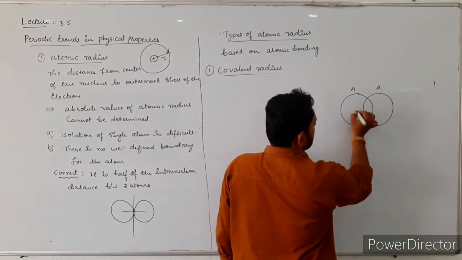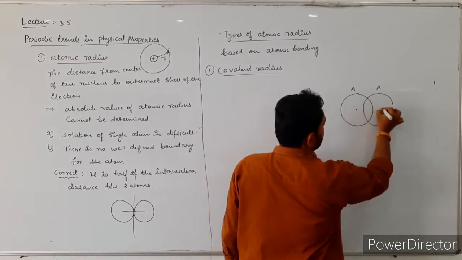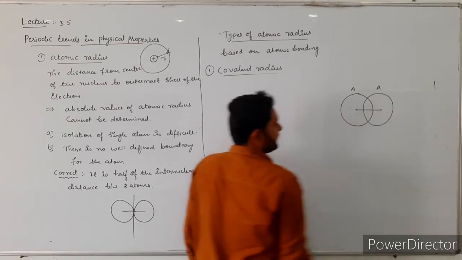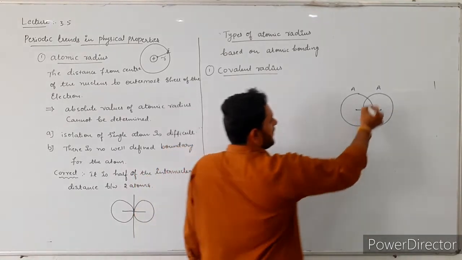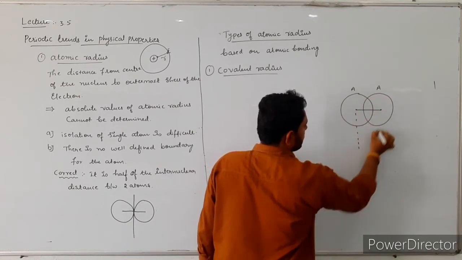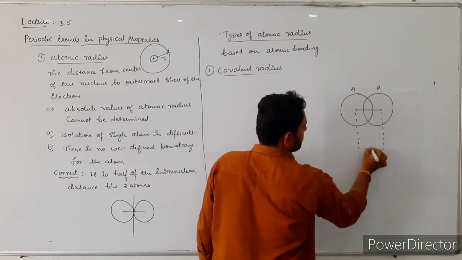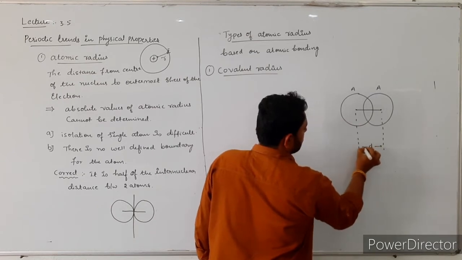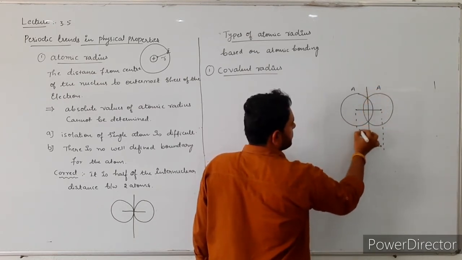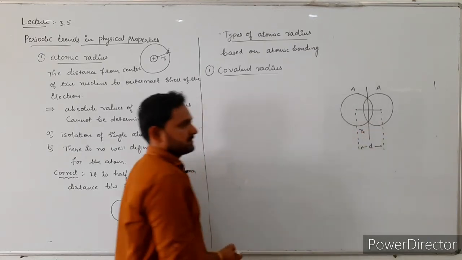The internuclear distance means the distance between two nuclei. Half of the internuclear distance is called the covalent radius.